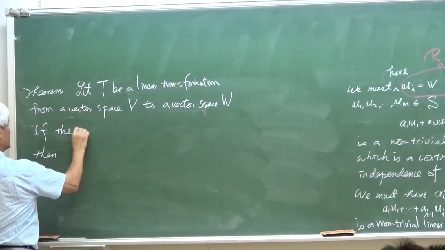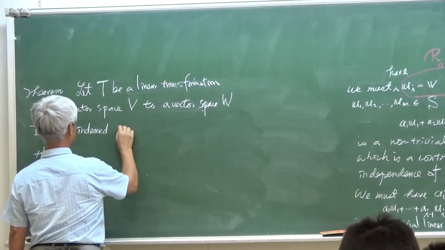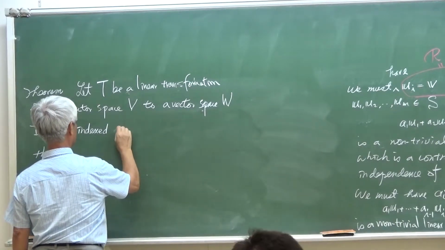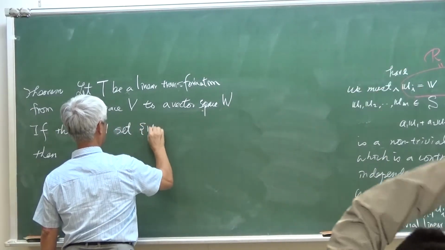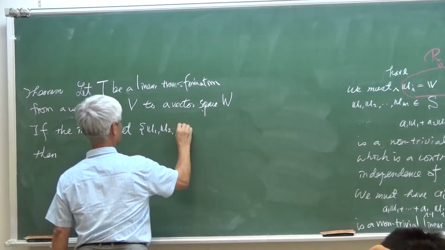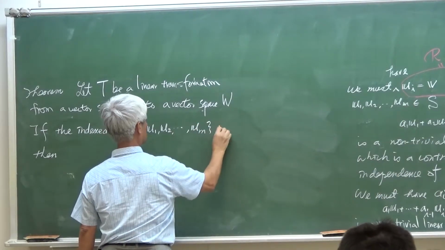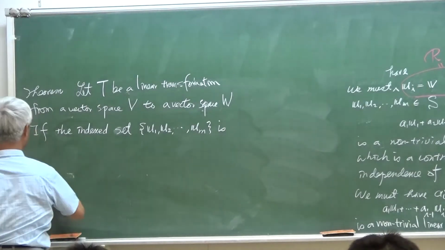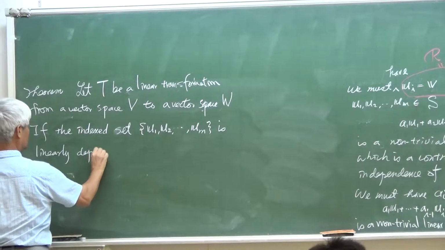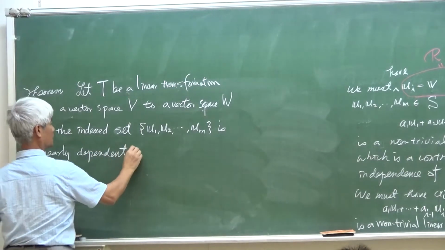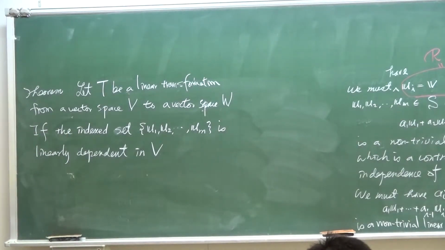If the index set U1 up to Un is linearly dependent in V, right? So you know what an index set is?